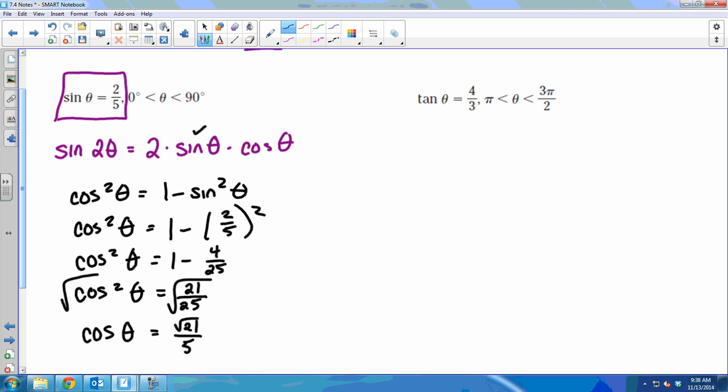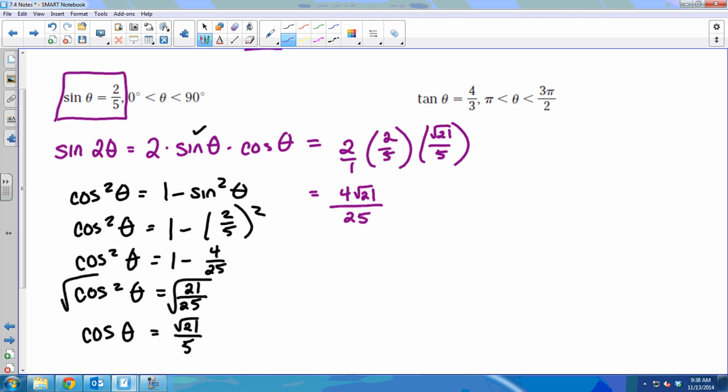All right, so now I can actually do this identity. So sine of 2 theta equals 2 times sine theta times cosine theta. So that's 4 square roots of 21 over 25, which is the answer.